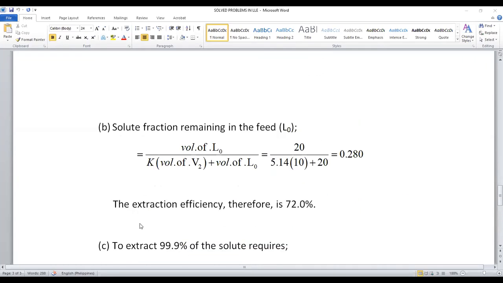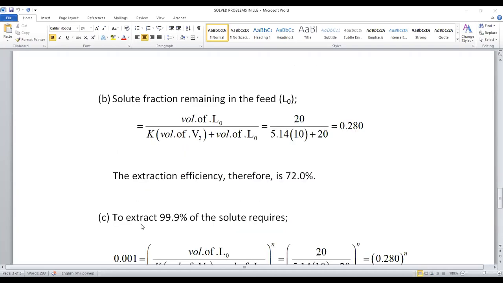Now, class, again, in all these sample problems, you are using fresh solvent. Whether you have a single extraction unit or several extraction units, this particular formula is not used in an extraction tower wherein from the bottom of the tower, you have the solvent and then it flows counter current, the feed that goes down. So in this case, your solvent is already carrying its solute as it goes up the column.